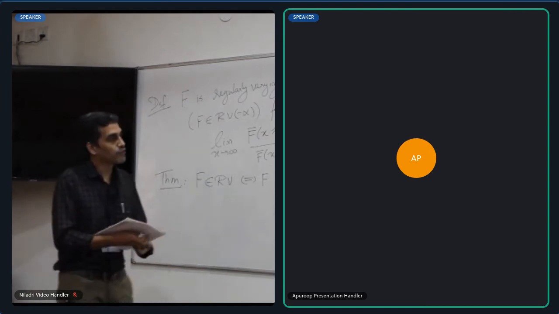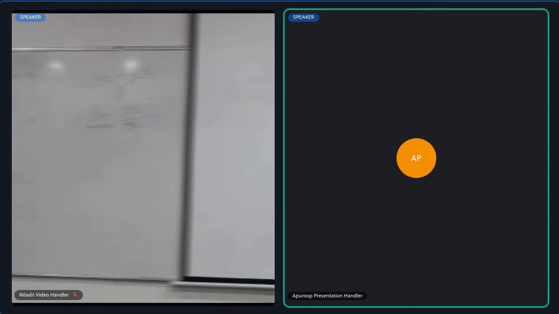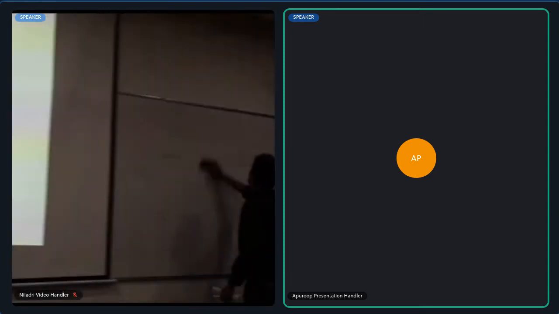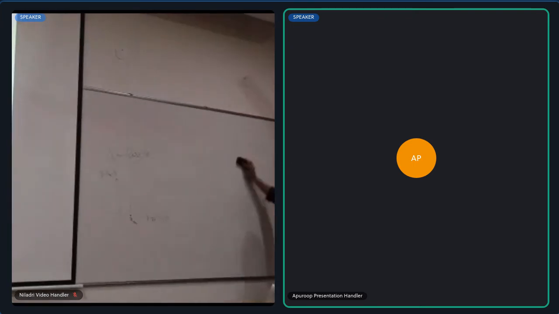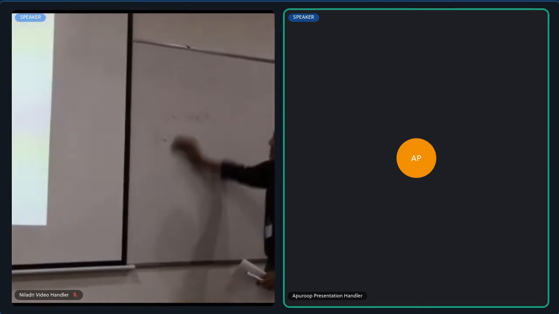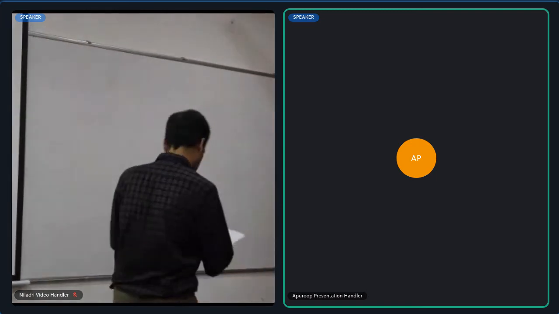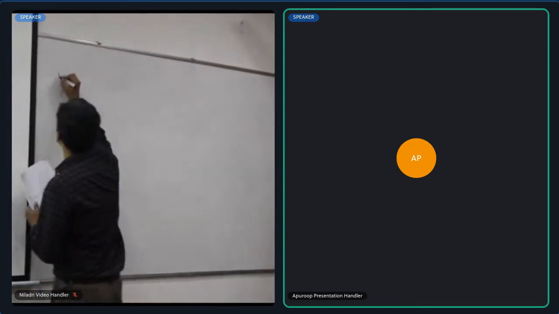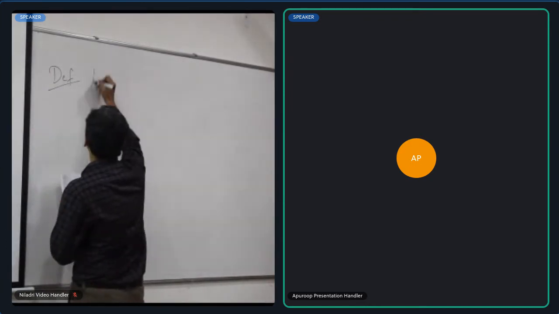So now what I'm going to do is build, maybe for the next 20 minutes or so, some properties of regular variation, and then we will see how, even pictorially, regularly varying distributions generalize the class of pure power laws. Okay. So the first thing I need to do is define a slowly varying function.